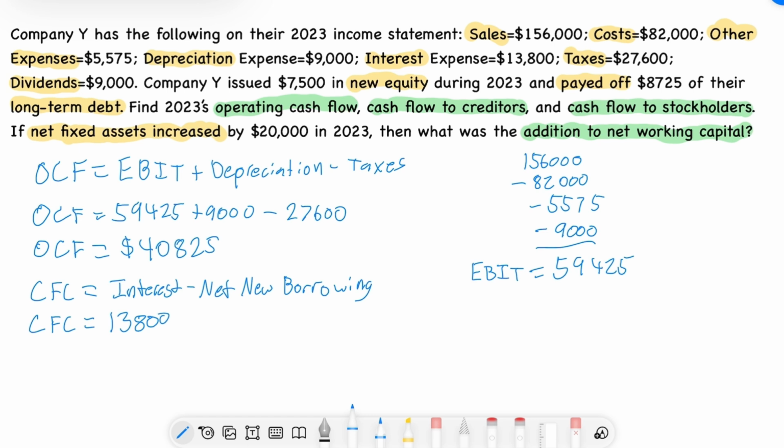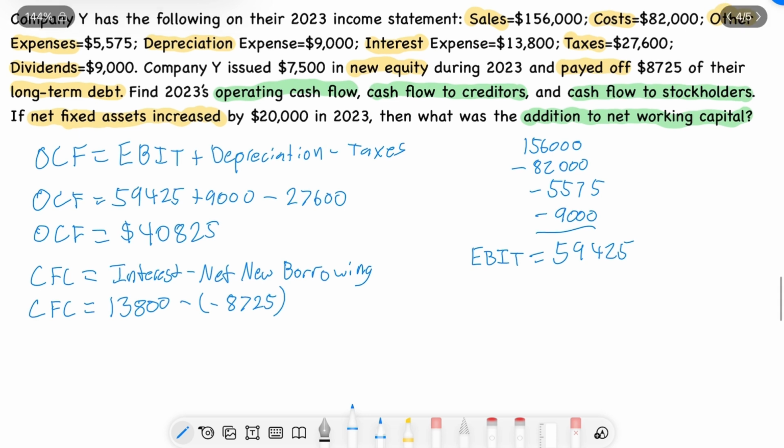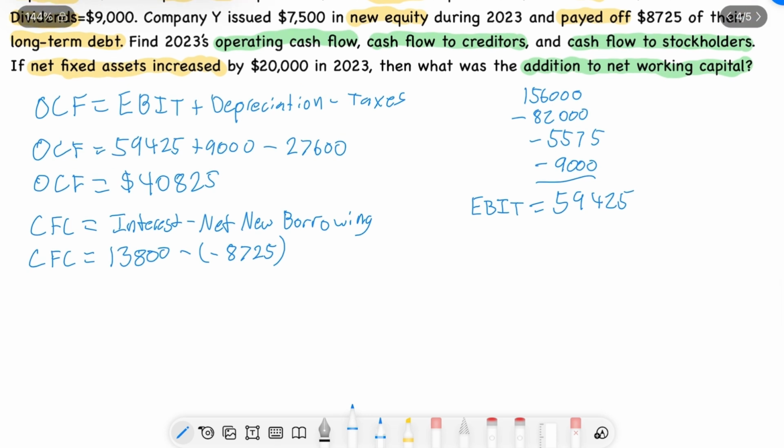Instead, we actually paid off some money. So we're going to subtract the money that we paid off, which is $8,725. We're subtracting a negative number, so we're actually going to add these two together, and that comes to a cash flow to creditors of $22,525.